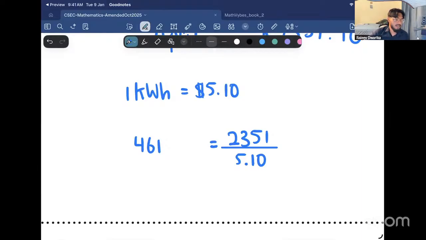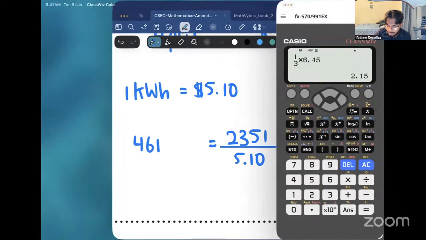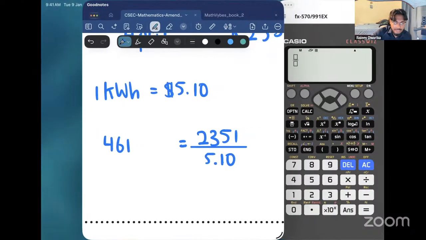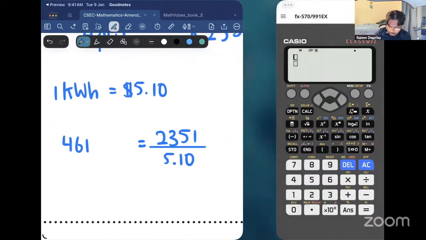Let me know if you understand that. In the calculator you're going to get a decimal, but can the meter display a decimal? No, it can't. So you round it off to the nearest whole number, which is 461, because it's 460.98. That's 461, right?